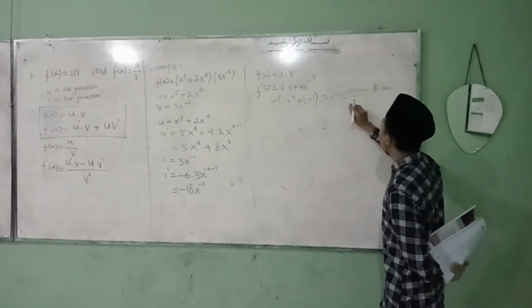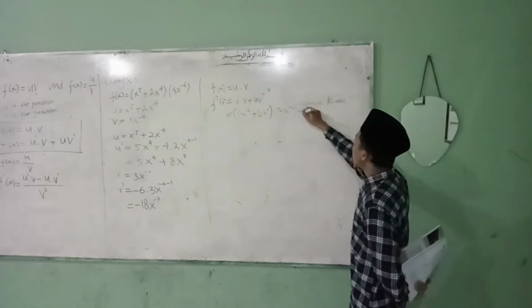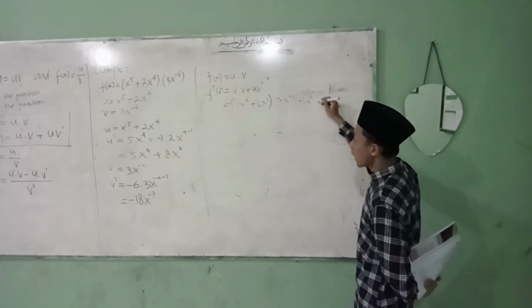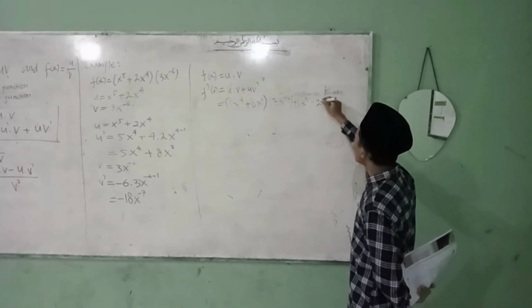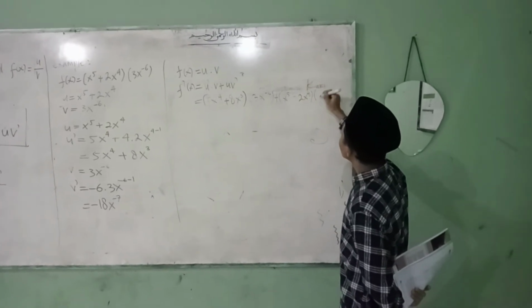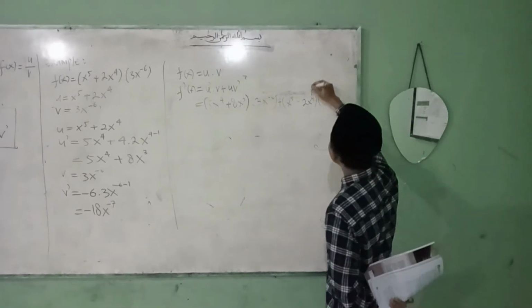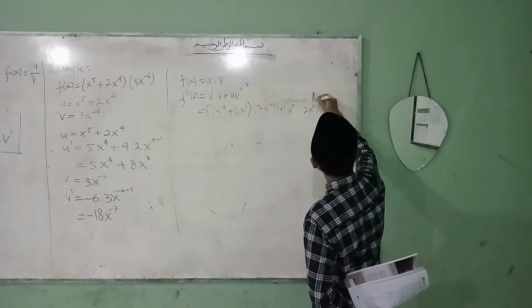And then we have u is equal to x to the power of 5 plus 2x to the power of 4. And then p prime is negative 18x to the power of negative 7.